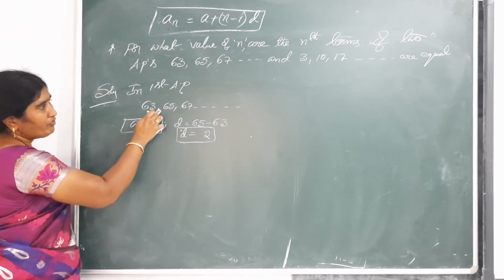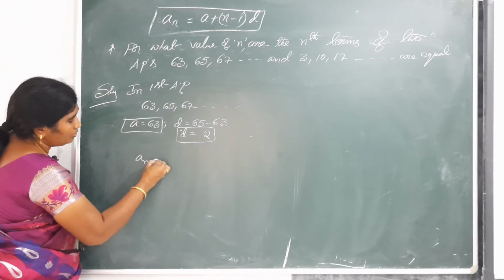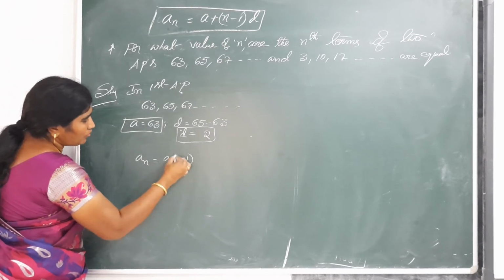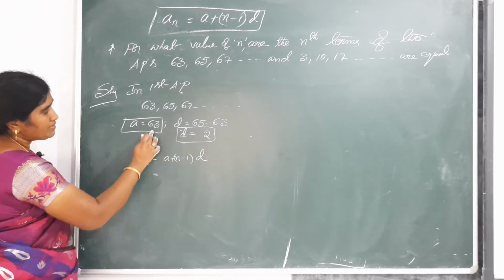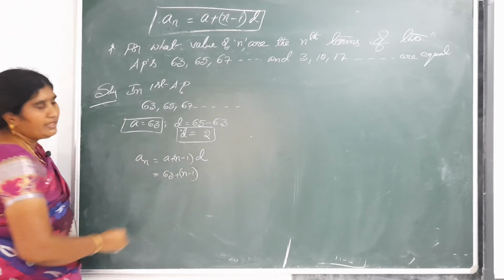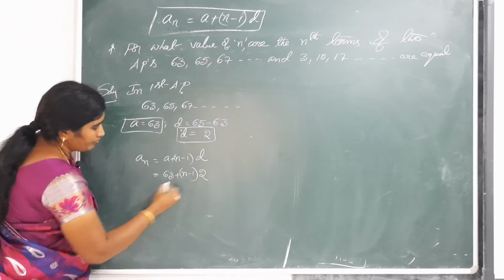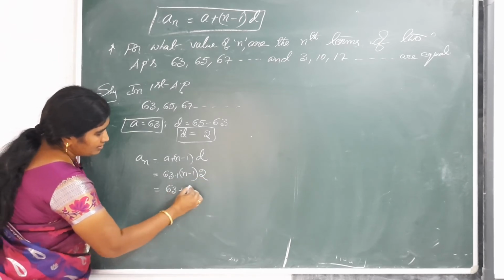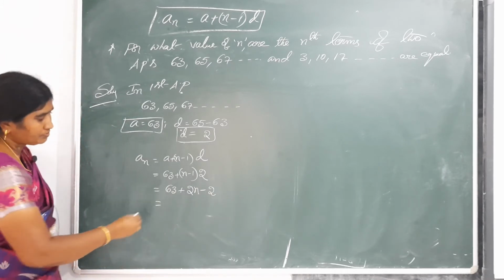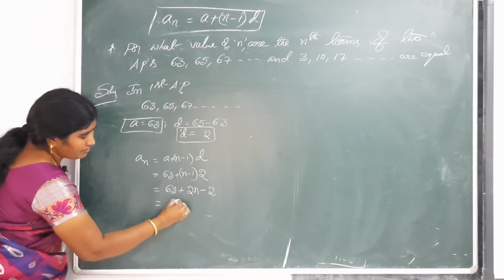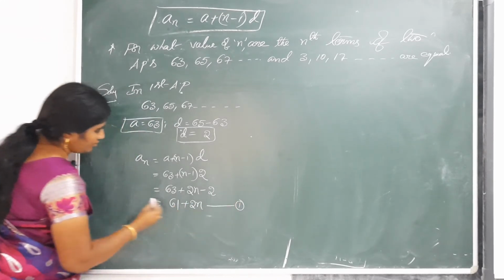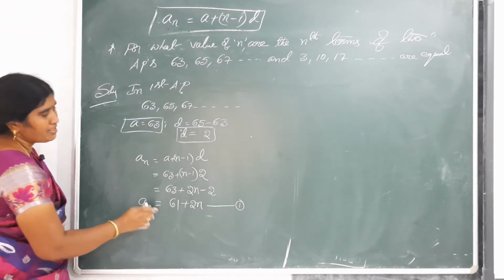The nth term of the first AP, An equals A plus n minus 1 into D. Here A is 63 plus n minus 1 into 2, which is 63 plus 2n minus 2, that equals 61 plus 2n. This is the nth term of the first AP.